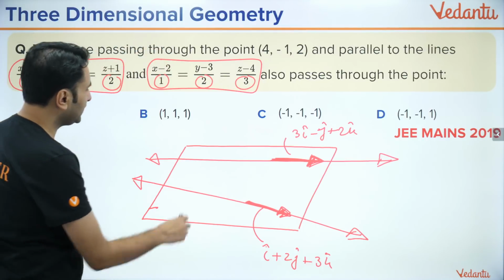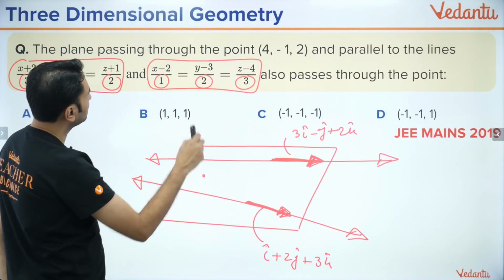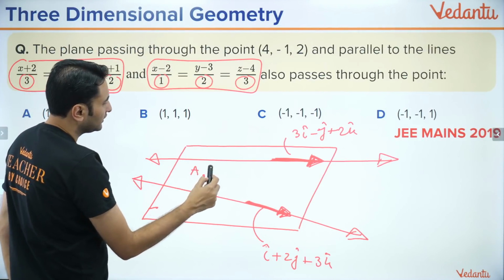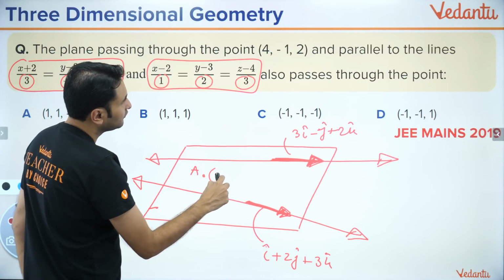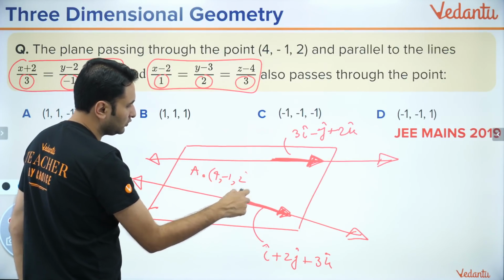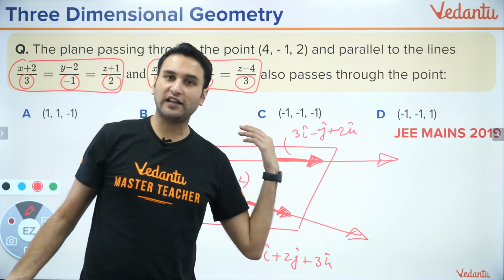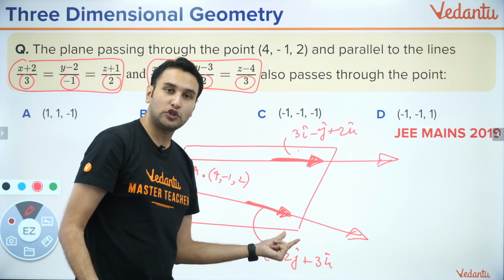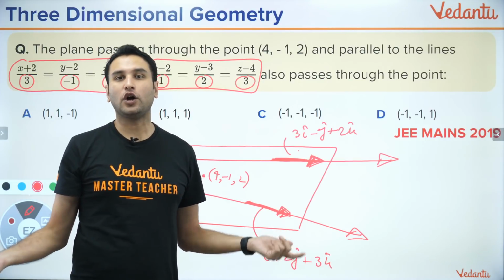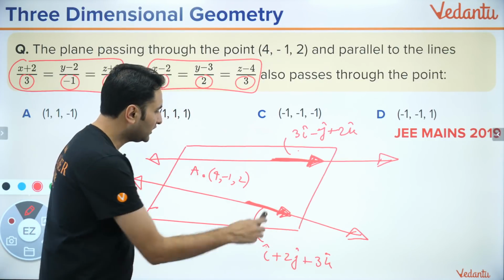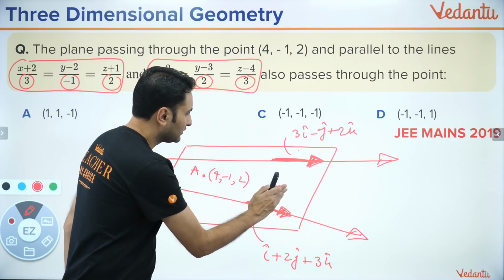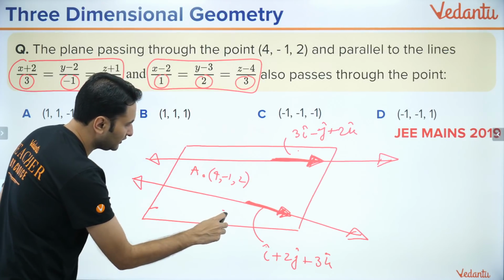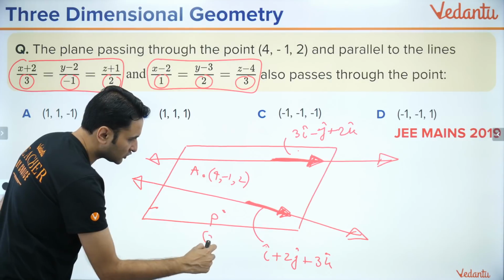Now there is a point. So there is a point A. मान लो एक point A है. This point A is (4, -1, 2). अरे this is exactly the theory which I taught you. So one point and two directions which lie on the plane. क्या करोगे? Take another point P, say x, y, z.